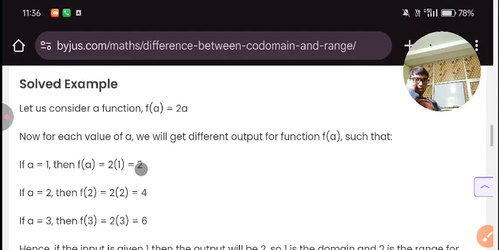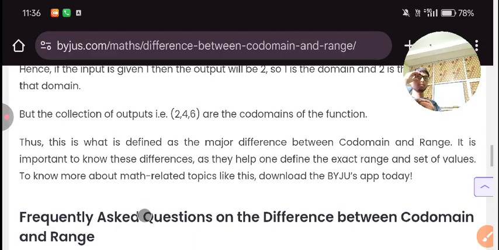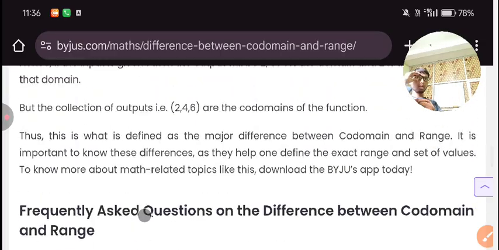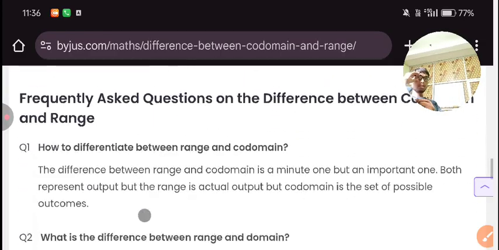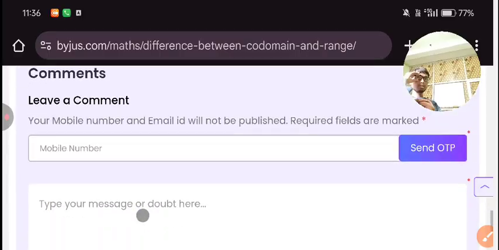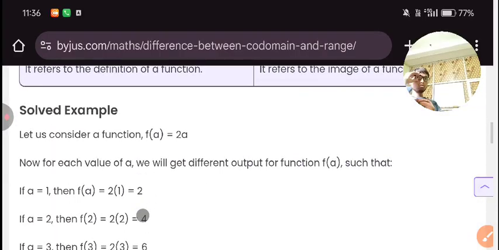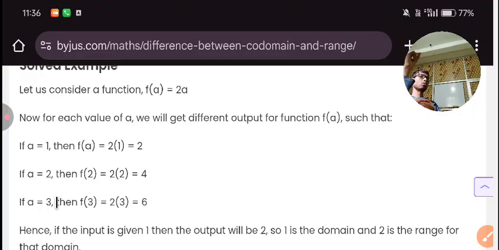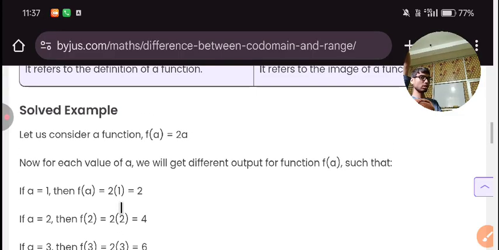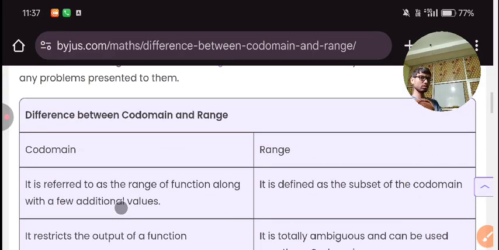All of these will be the range as well as the codomain. This is the difference. From this you are crystal clear how a function works: we take an input and apply the function to it, and we get an output. That is what a function is.